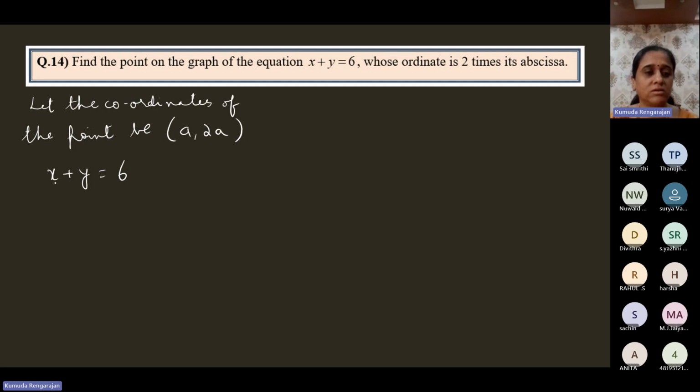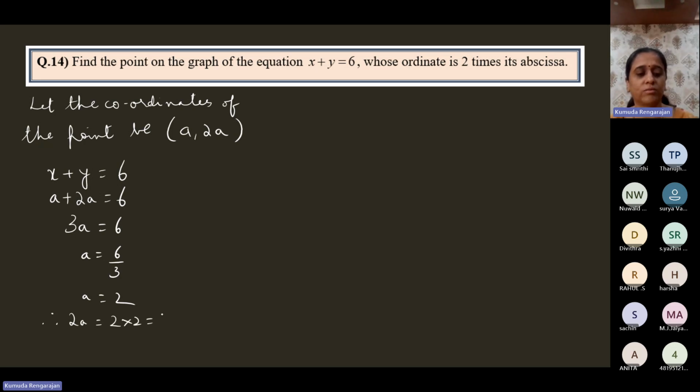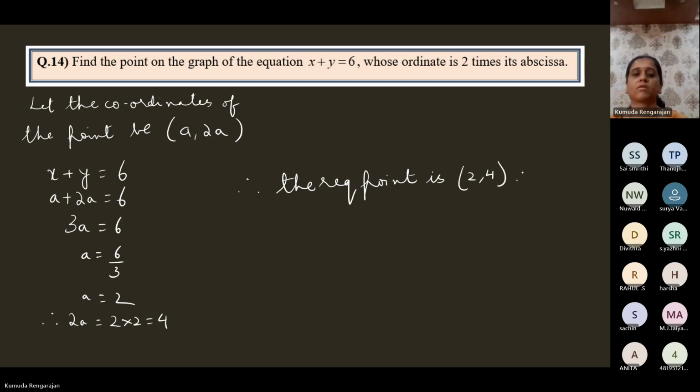So a plus 2a is equal to 6. So 3a is equal to 6. A is equal to 6 by 3. A is equal to 2. Therefore, 2a is equal to 2 into 2, 4. Therefore, the required point is a comma 2a, so 2 comma 4.